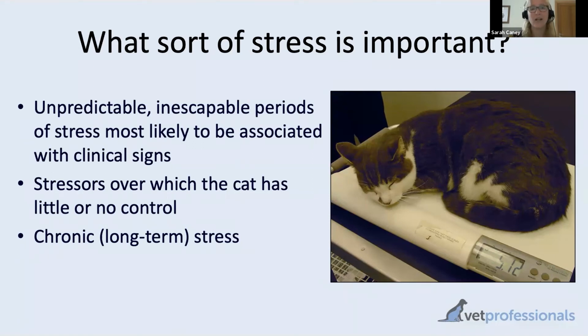If you look very closely at the cat, you'll see it looks very tense, and although it's got its eyes closed, its ear position, its body posture is quite tense and ready to leap into action. And this cat is actually hiding, trying to hide by closing its eyes from a stressful environment, which is unfortunately the vet clinic.